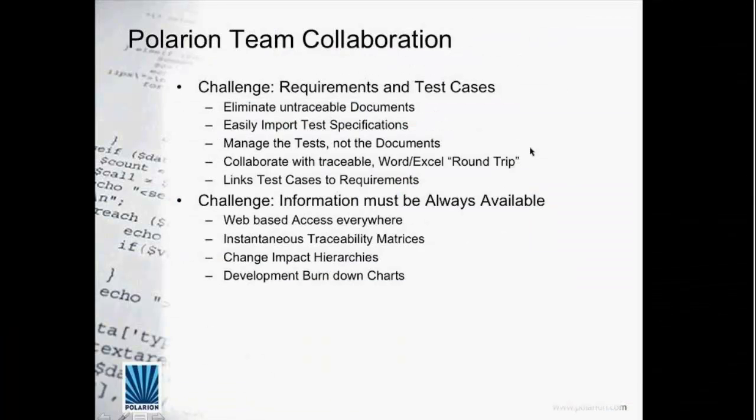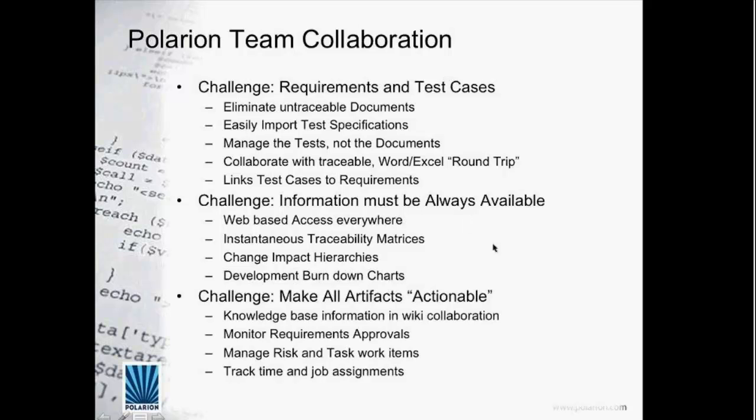So we've seen some burn down charts and we've talked about the change impact hierarchies. Let's now see how all artifacts are going to become actionable. Well, one way is that we take information and we put that information into wiki collaborations. All the pages that we've been viewing so far are exposed as wiki pages.